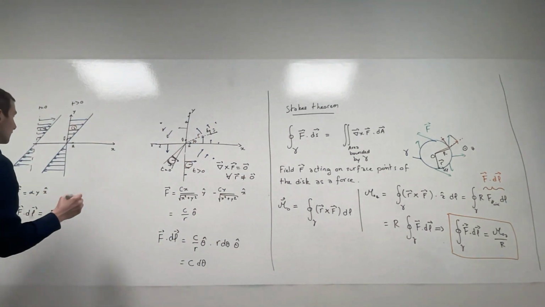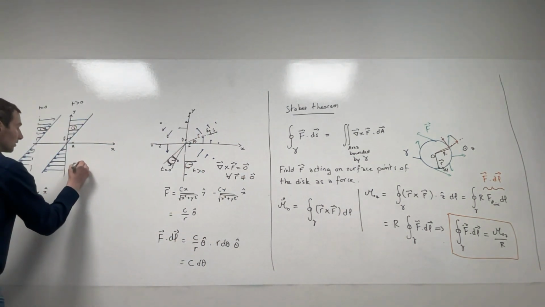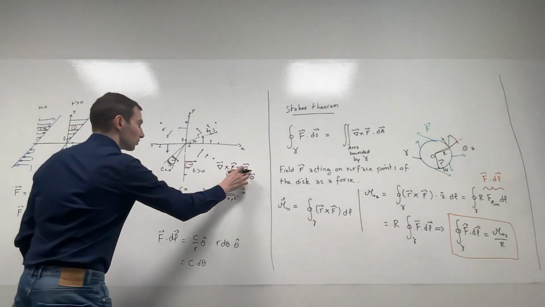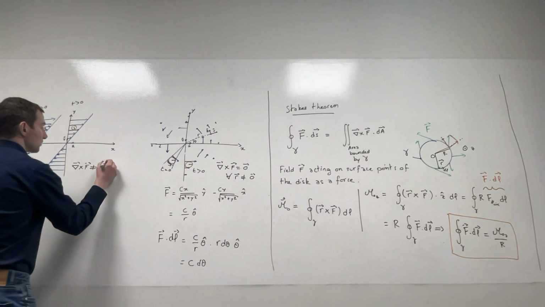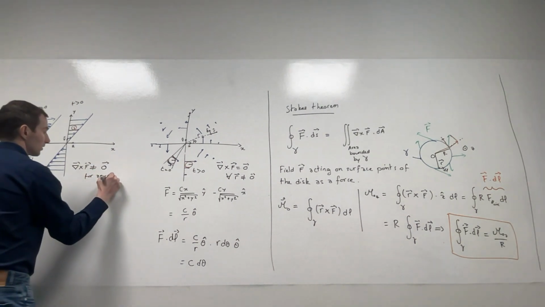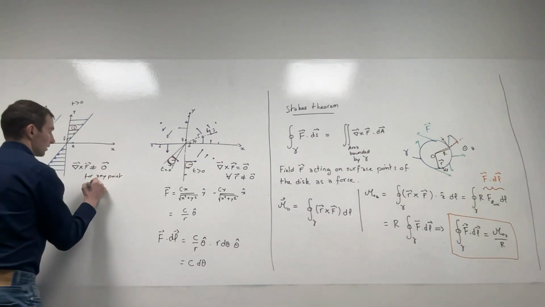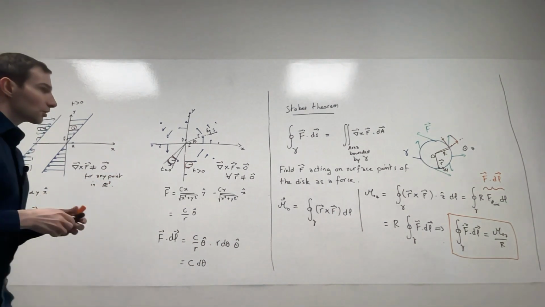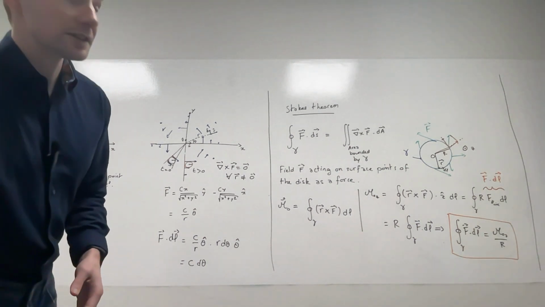While here, actually, the curl of F is different from 0, and that's for any point, if you want to play with it in R2. Okay? So basically that's kind of the idea.